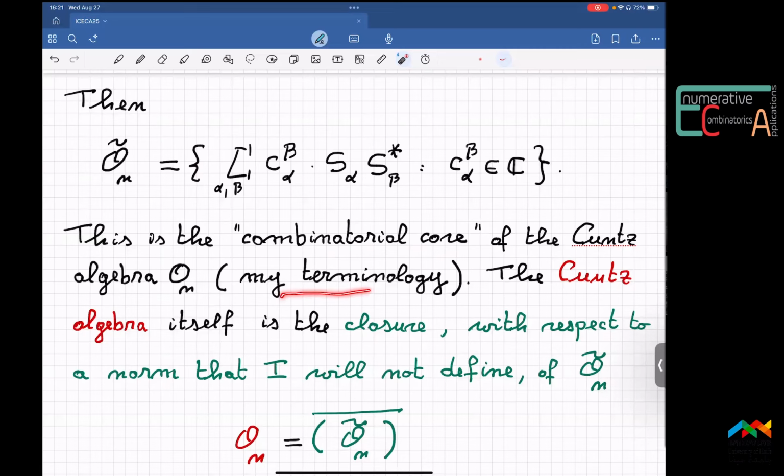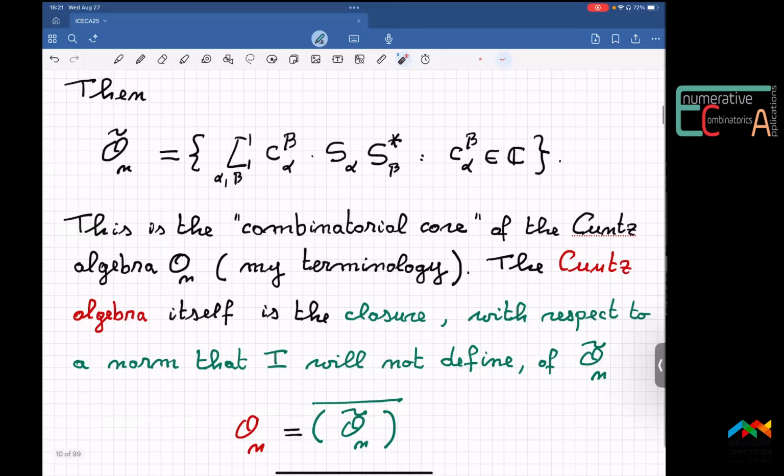This is my terminology. And the Cuntz algebra itself is the closure, with respect to a norm that I will not define, of these linear combinations. So in practice, the Cuntz algebra is the set of all Cauchy sequences in these elements.